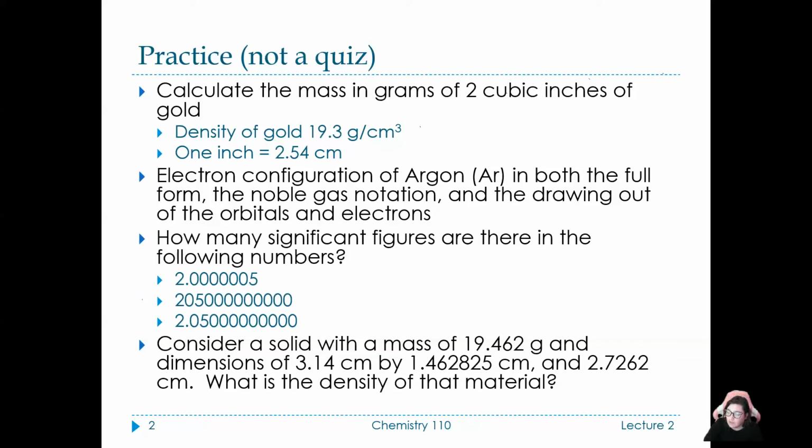So what am I going to do with that? Well, I know that I want to change this and make it look different. I want to know what the mass in grams is, correct? So if I want to know the mass in grams, then I need to do something with this, and I should write that down.